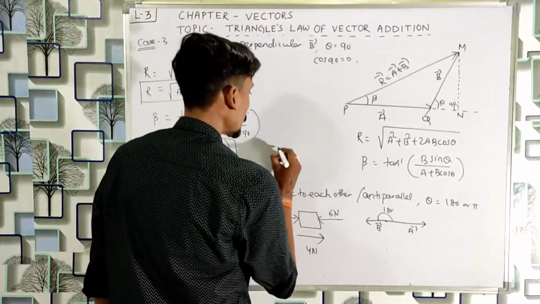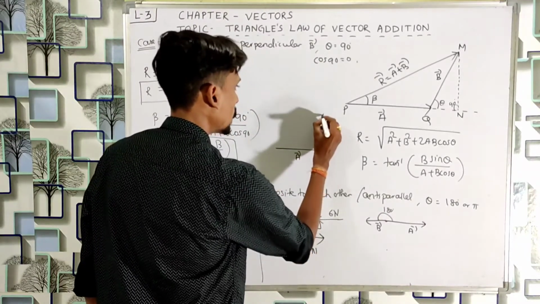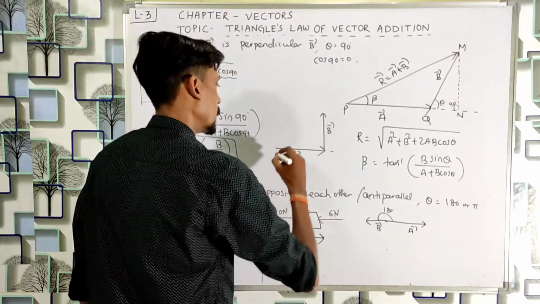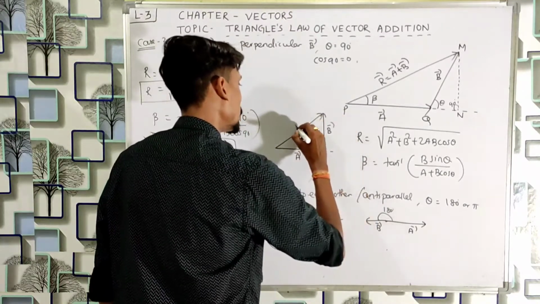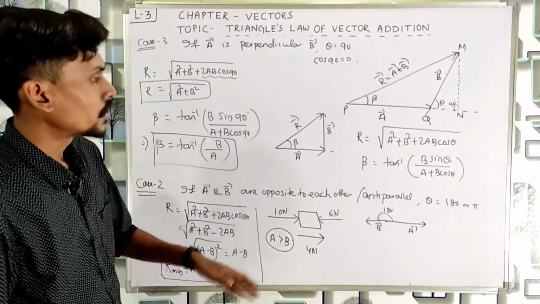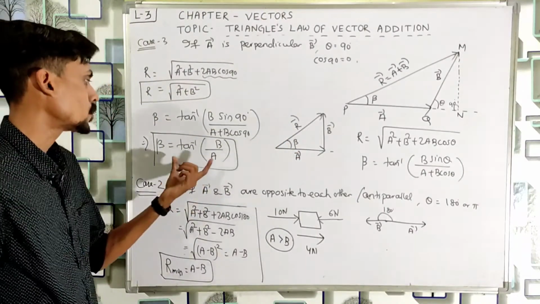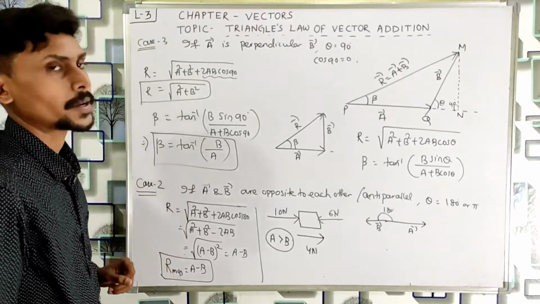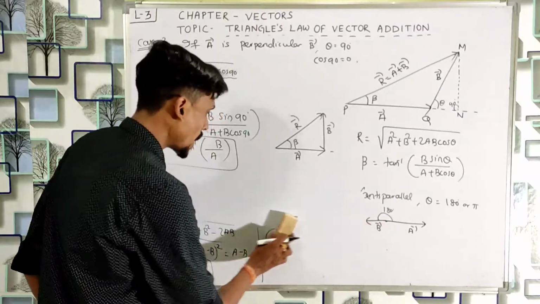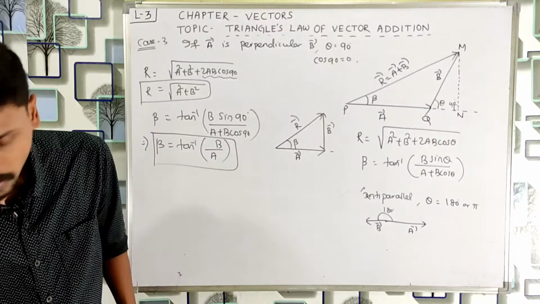Suppose this is vector A, this is vector B, they are perpendicular to each other. The angle between them is 90 degrees. Then this third side will represent the resultant, and the angle is beta. The angle between the resultant and vector A is beta, and this beta will have the value tan inverse B by A. And suppose the two vectors A and B have the same magnitude.